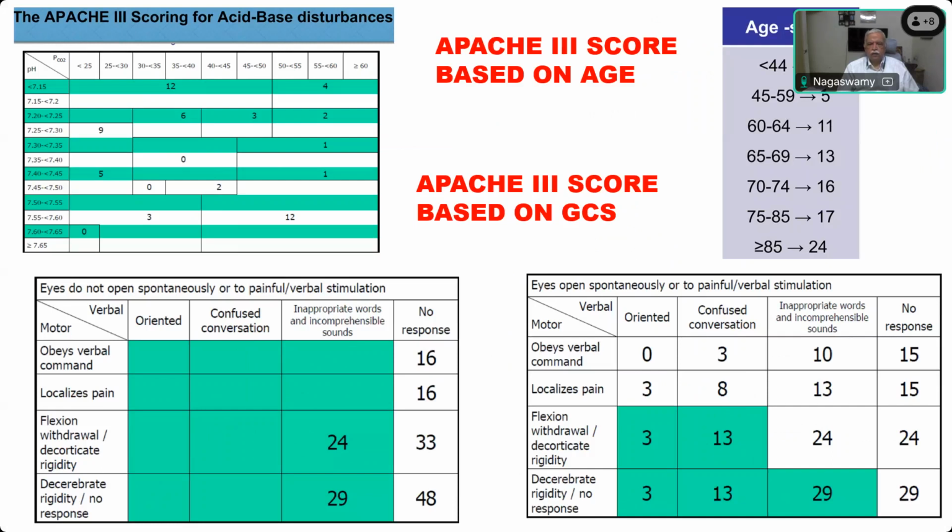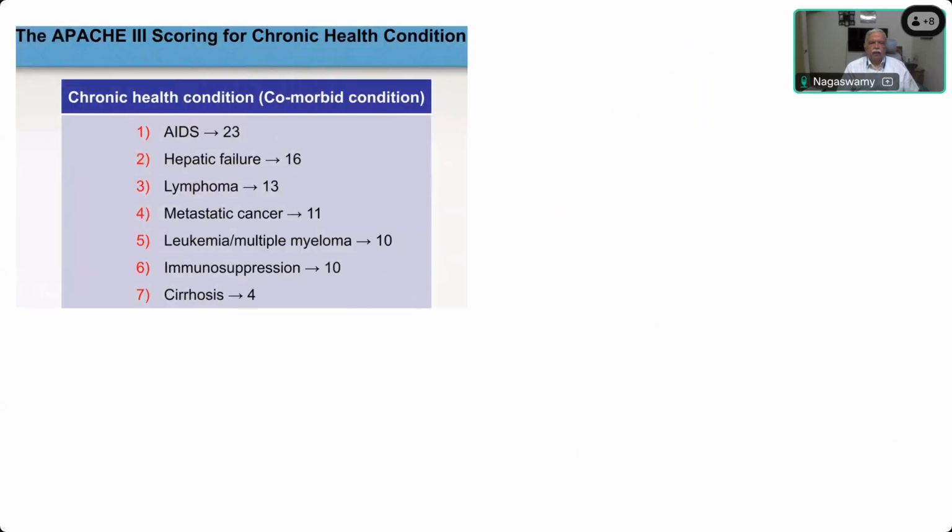So GCS is another thing that is taken into this. In Apache 3, for the chronic health condition, you can see the comorbidities have changed from what we saw in Apache 2. Now AIDS is included, hepatic failure, lymphoma, metastatic cancer, multiple myeloma, immunosuppression, cirrhosis, all these things are included as comorbidities for assessing the chronic health condition.